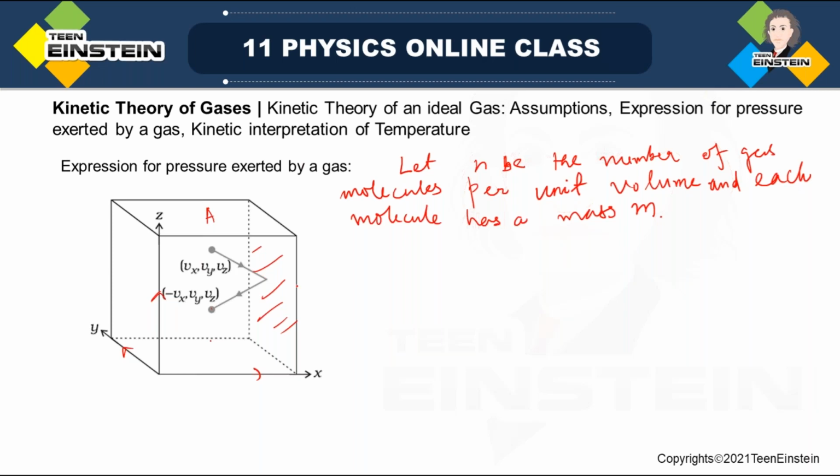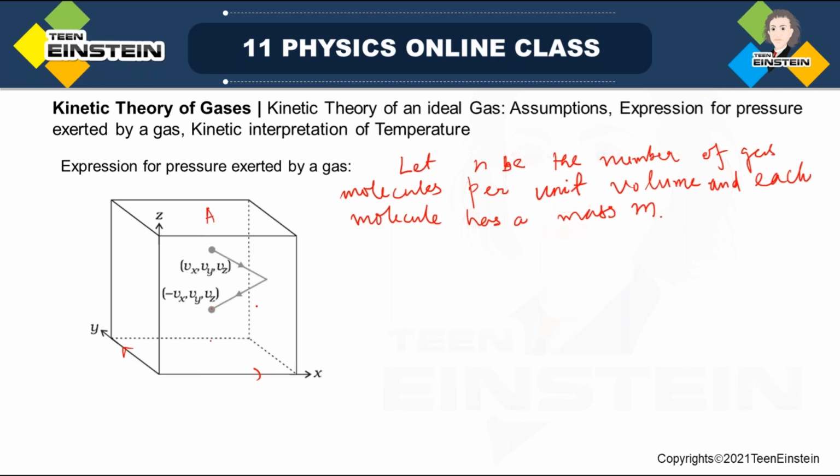And one more thing is that here we are particularly considering this direction, which is the x direction, and this is the minus x direction. Since velocity is a vector, it will also have different components.